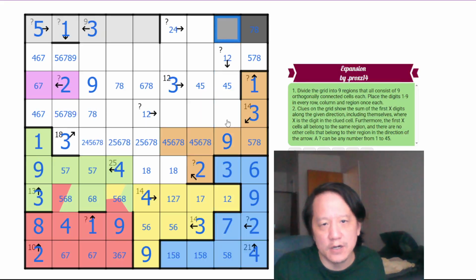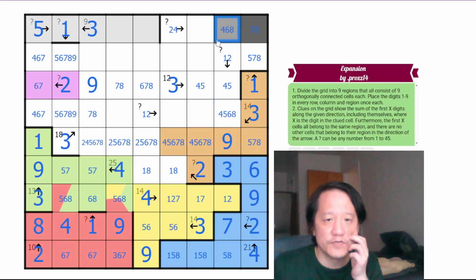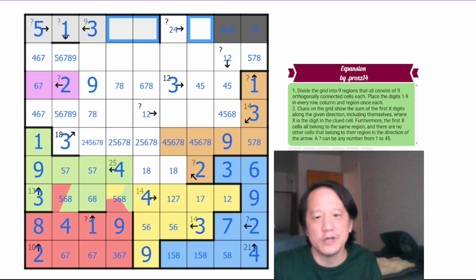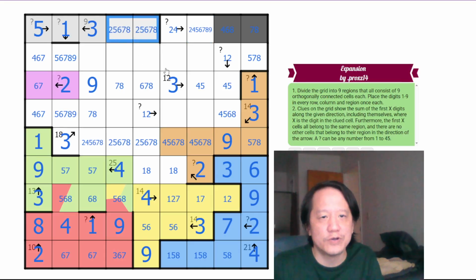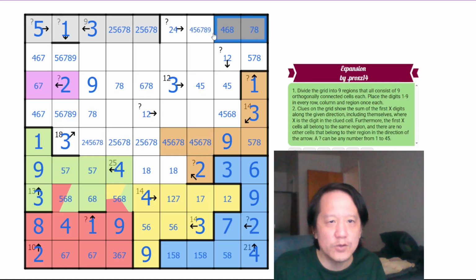Remaining digits in column 8 are 4, 5, 6, and 8. No 5 here because of 5 in the row. Remaining digits of row 1 are 2, 4, 5, 6, 7, 8, and 9. No 4 or 9 here because of 4 or 9 in the columns. No 2 here because of 2 in the column. Where is 9 in row 1?